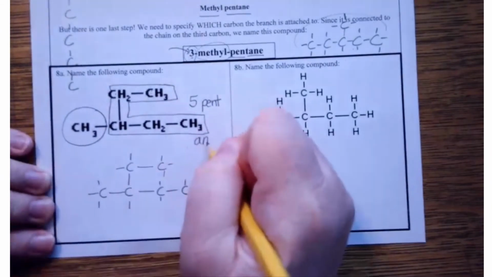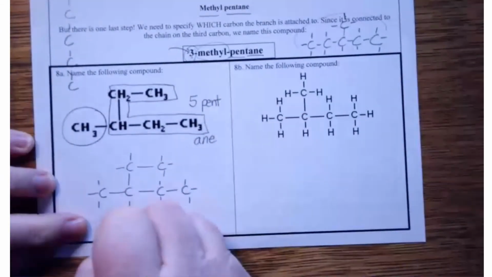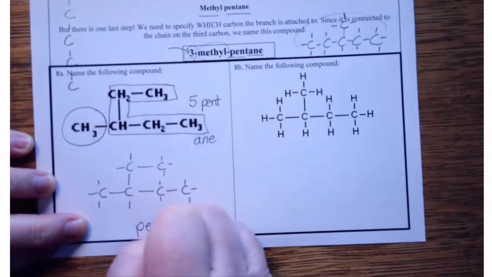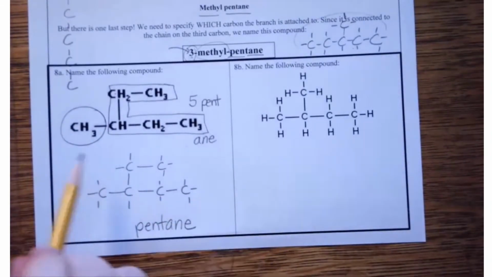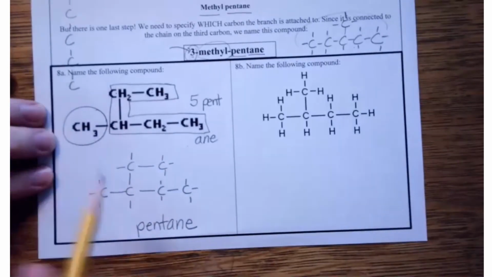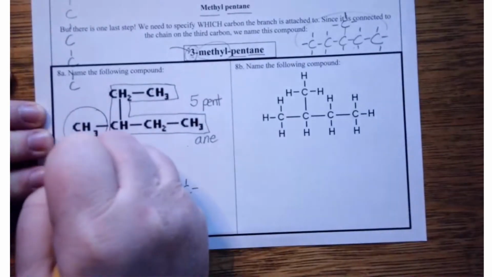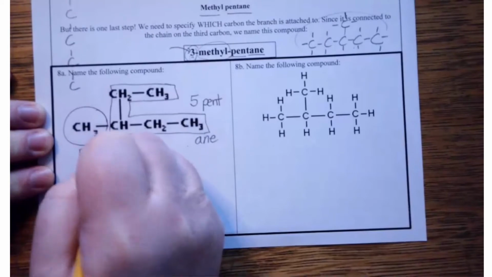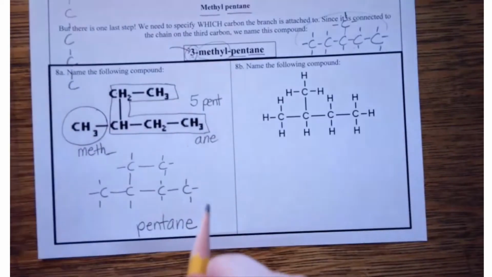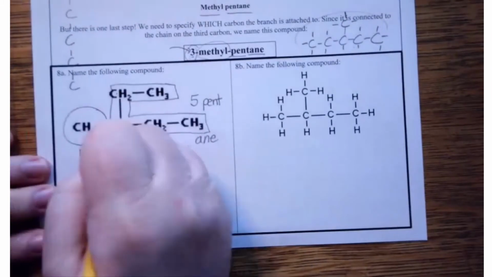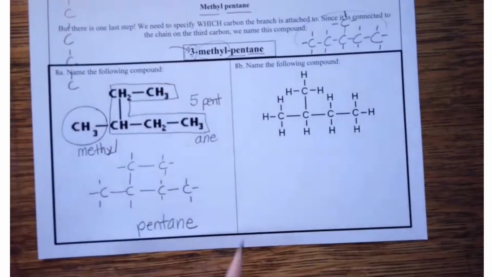So I know ane is my ending. So I have so far pentane. But it is not just pentane because I have a branch. How many carbons are in the branch? 1. What's the prefix for 1? Meth. What do I add to the end of the prefix to say it's a branch? yl. But now what do I need?